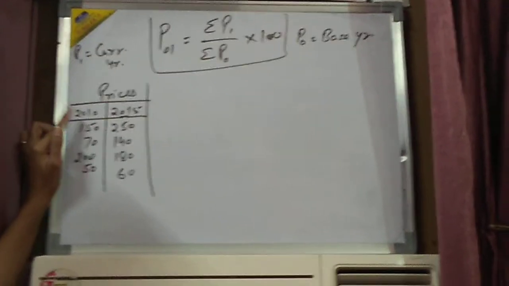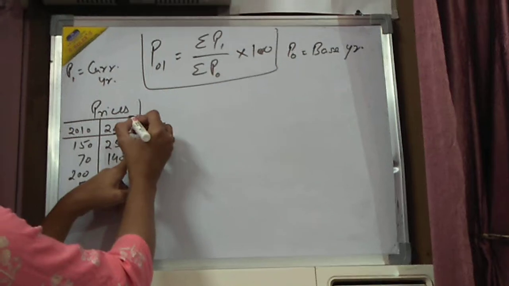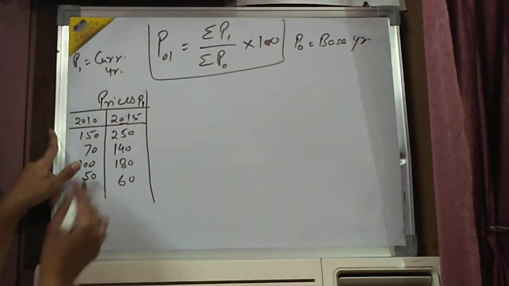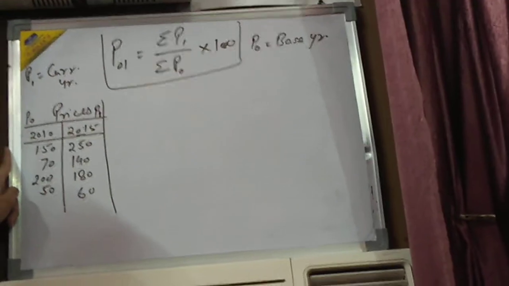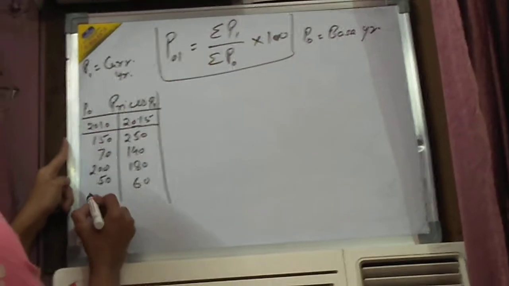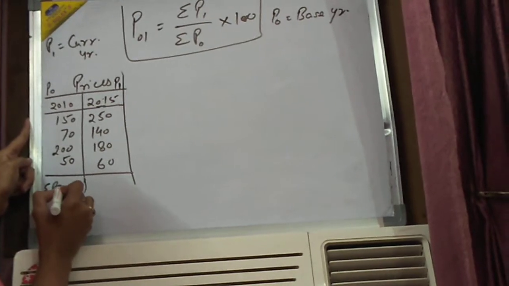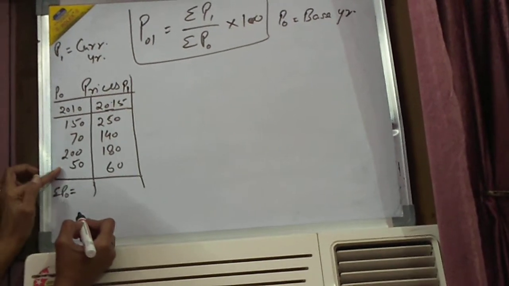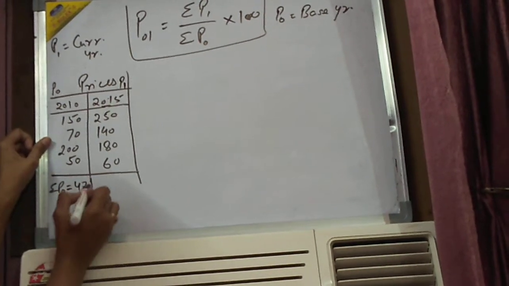Now in this numerical, the current year is 2015, so the prices of 2015 are known as P1, and the base year is 2010, so these prices are known as P0. Now what we have to do? We have to just sum them up. So sigma P0 equals 150 plus 70 plus 200 plus 50, that will be 470.